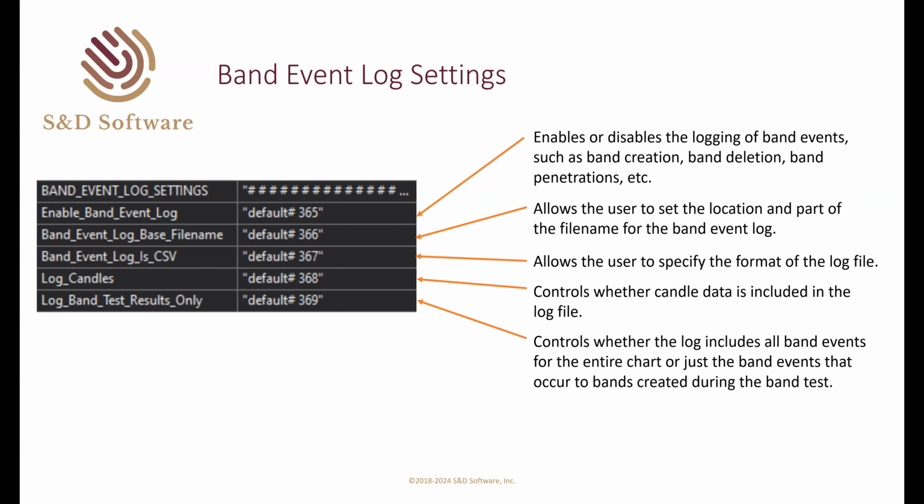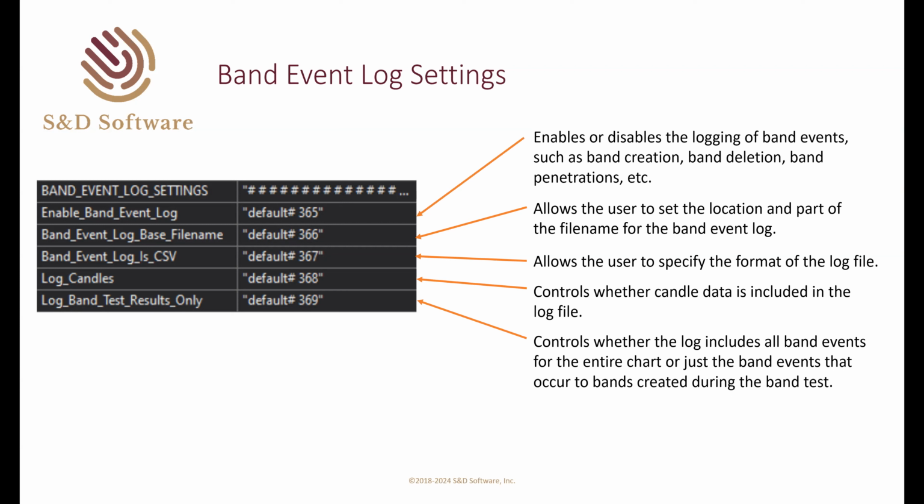Now, you can have the logging turned on even if you're not doing a band test. And there's a bunch of useful information that will be logged about every supplier demand band that's created. You can find out when it's created, when it's removed from the chart because it's been broken, and find out when price comes back and penetrates the band every time price comes back.